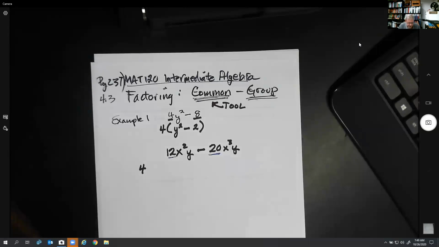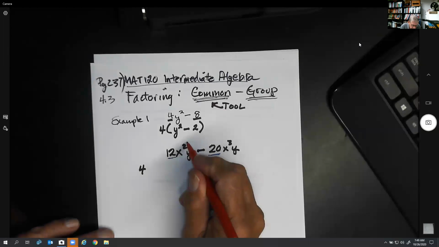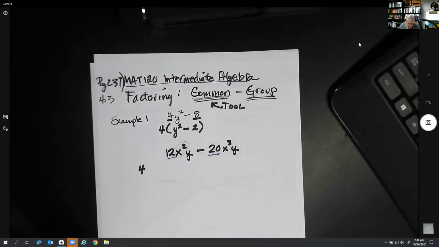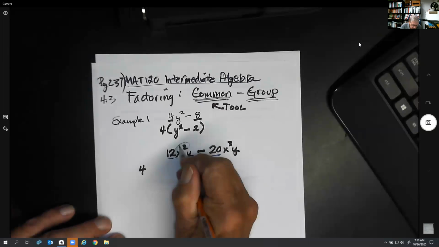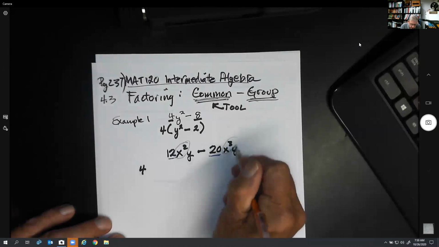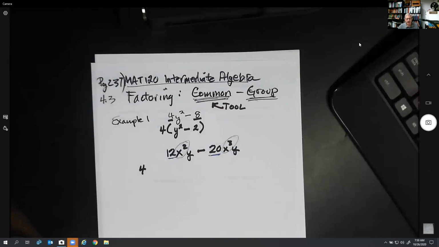Now we're going to look at those x squared, x cubed. Here's an x squared, here's an x cubed. What's common to those? Well, they both have x's.